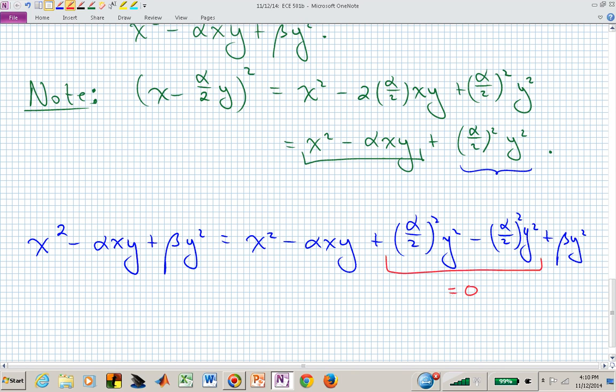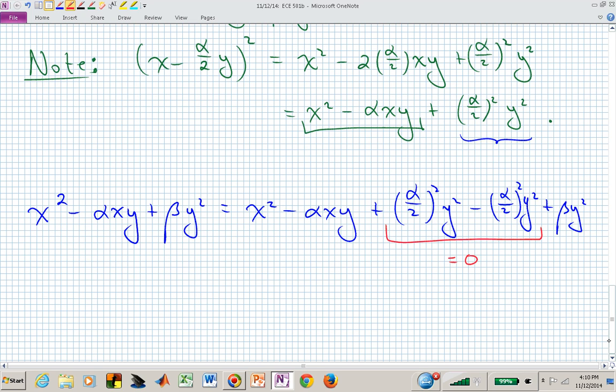That's just equal to 0. So we've added 0 to that expression, but what we can remember is that this piece is what we just had up above for the quantity x minus alpha over 2 times y squared.